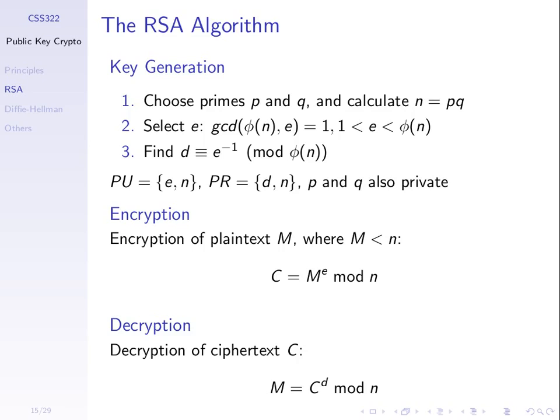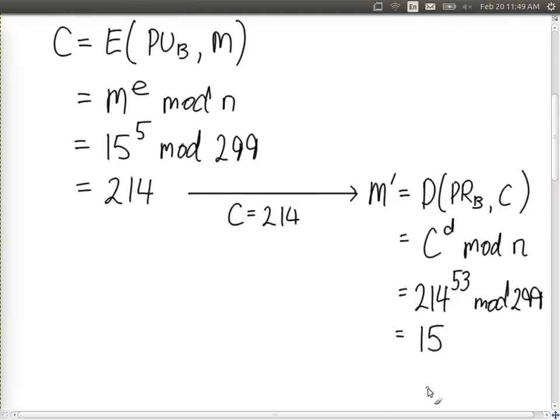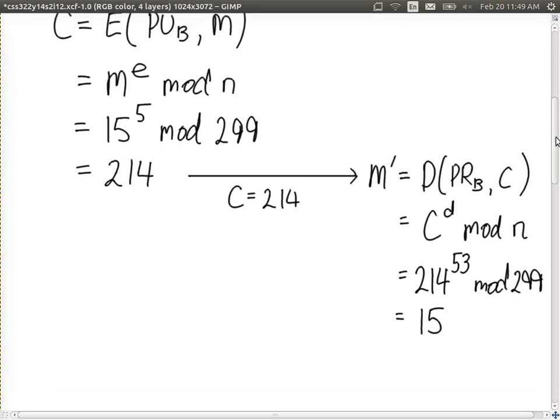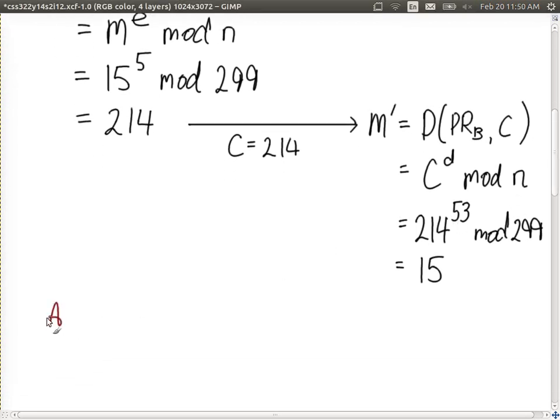Let's then look at why does it work and why is it secure? Let's look at what the attacker may do to try and find M. What does the attacker know?